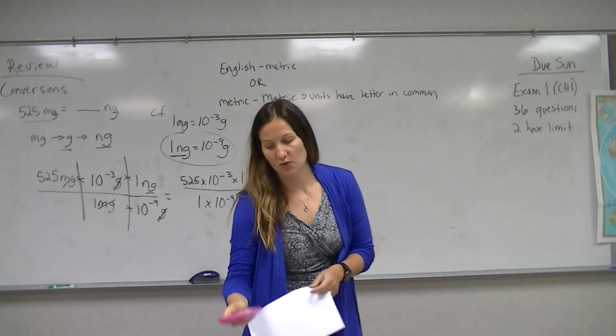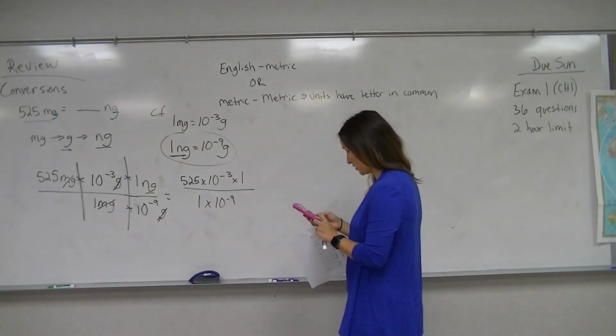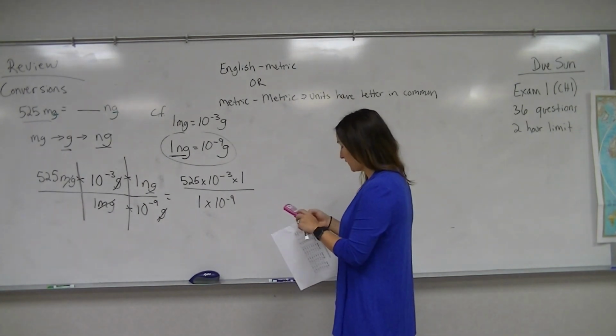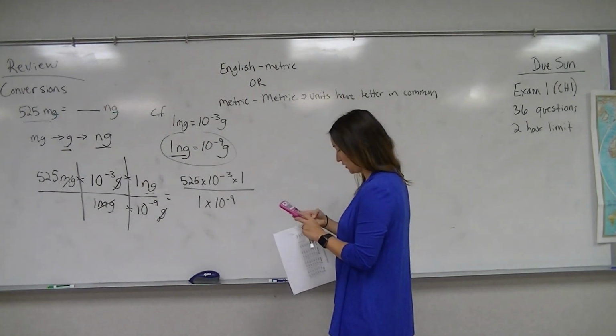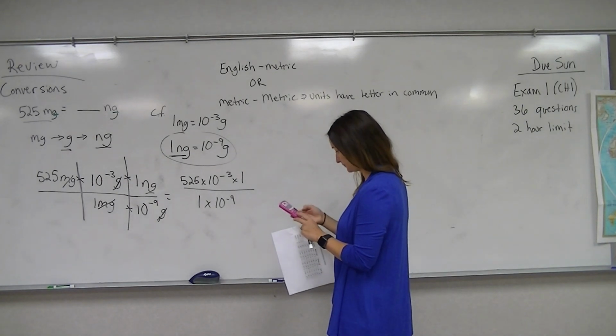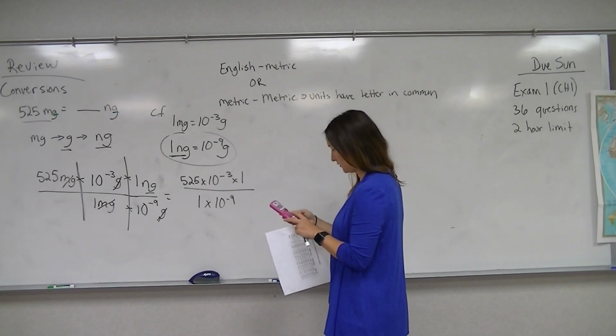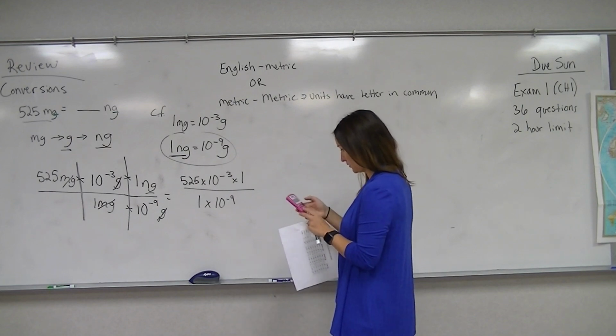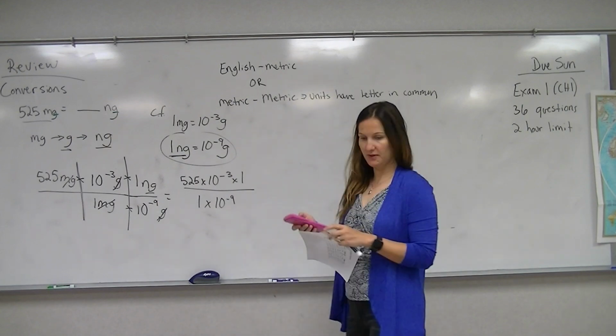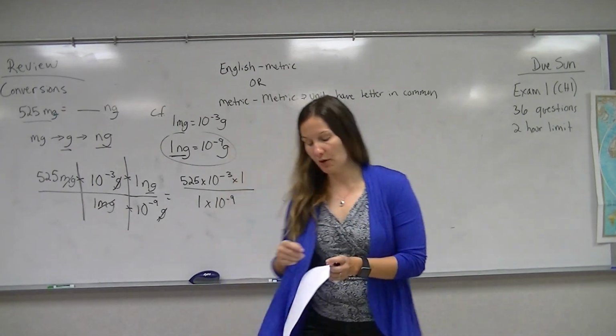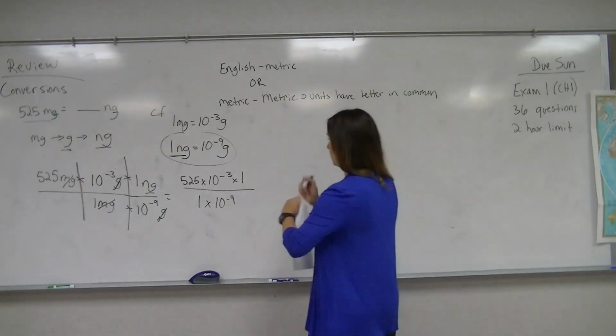You can enter those into your calculator just to make sure that you feel comfortable with using scientific notation, that EE button. Divide that by 1, so EE, negative 9. Depending on how your calculator is set up, you might get one of 2 answers.